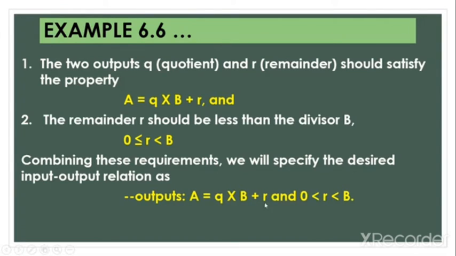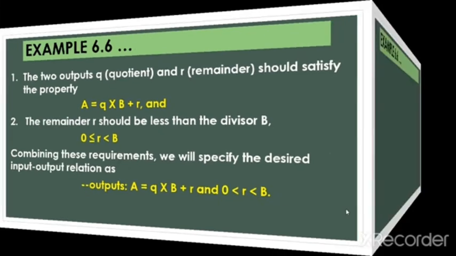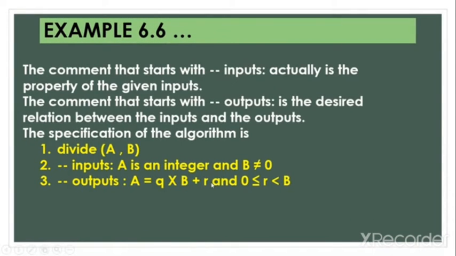Okay, then this R value is what, it should be less than the B and it should be greater than or equal to 0. So நம்ம remainder sometimes நமக்கு 0 வரதுக்கு chances இருக்கு. So remainder can be 0 or greater than 0 and it should be less than the divisor here. Do you understand this? So shall we write entire specification for this? So we all know that double hyphen is mentioning that it is the command.